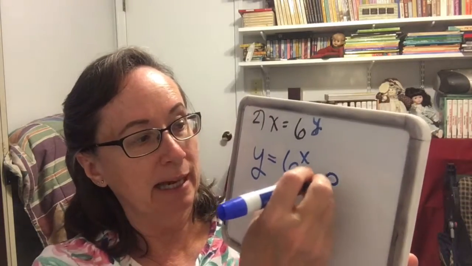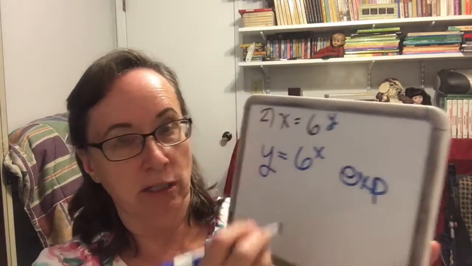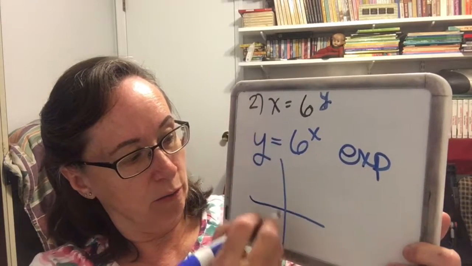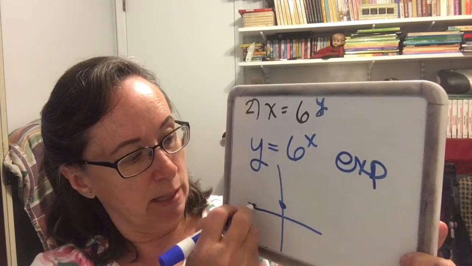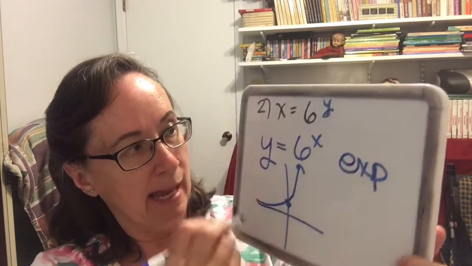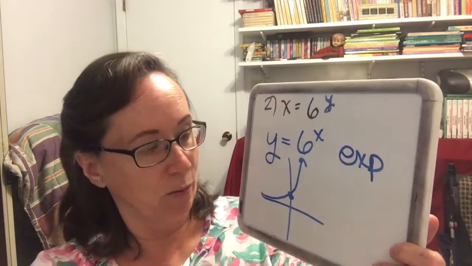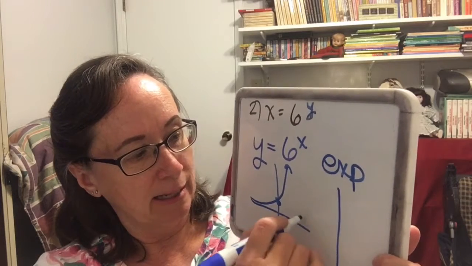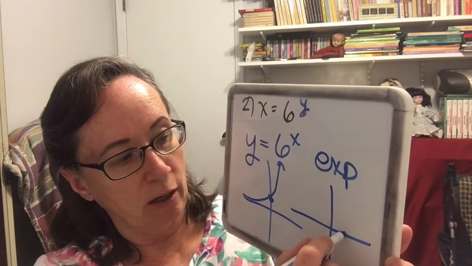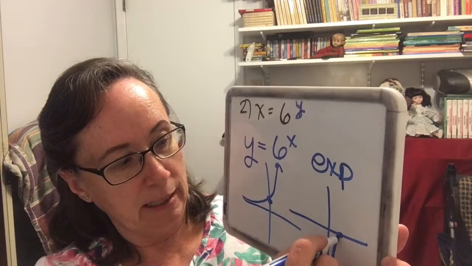So here I'm taking an exponential equation, which goes through 0, 1 and goes up this way, and I have switched the x and the y, so this function instead should go through here.